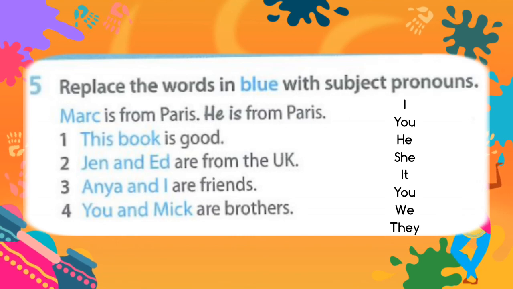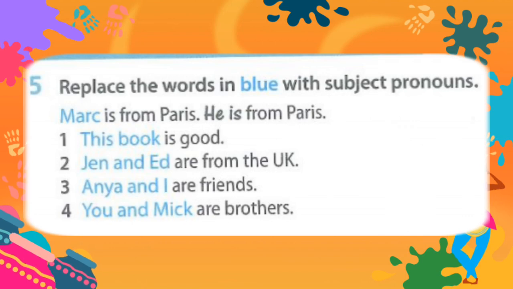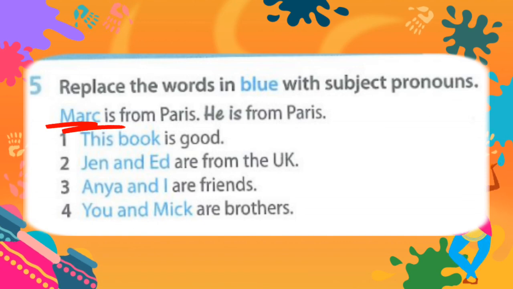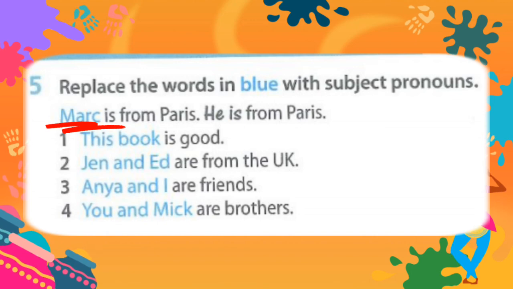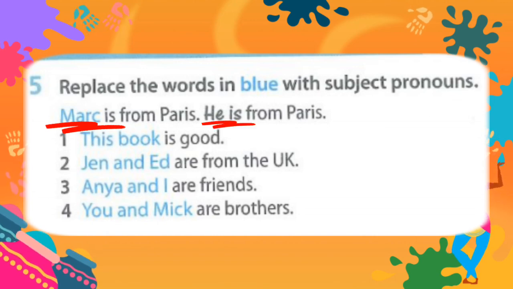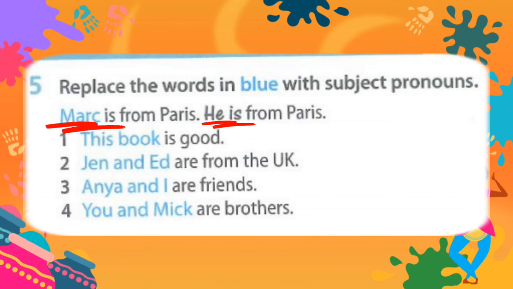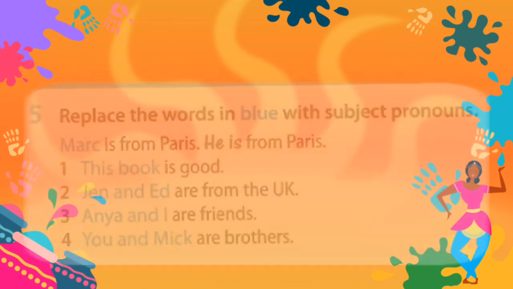So these are the subject pronouns that you can use in this exercise. So for Mark, he is a boy, of course, and only one person in this sentence. So the perfect subject pronoun for this is the word he. And don't forget to put the verb be after the subject pronoun. For example, he is. Okay?